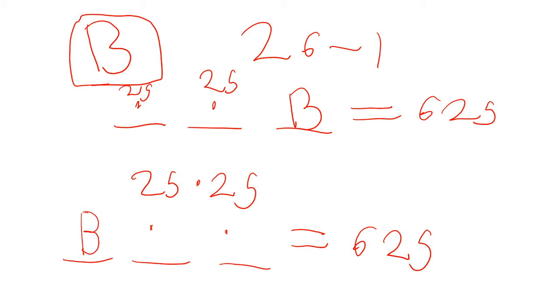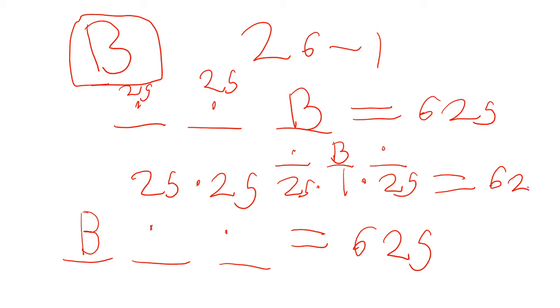And there's only one last configuration, which is a B in the middle. That's again 25, 25, and this is just a 1, so it's 25 squared, 625. Then to find the total, we just do 625 times 3.